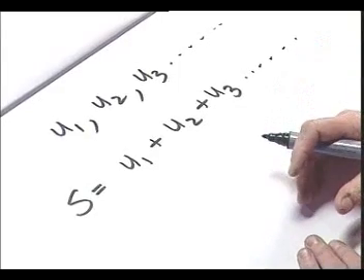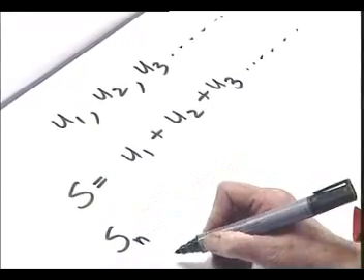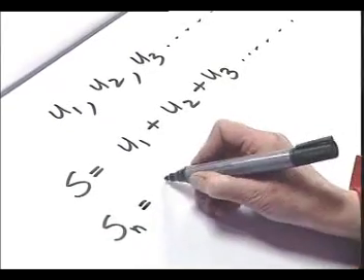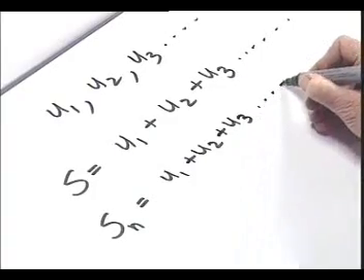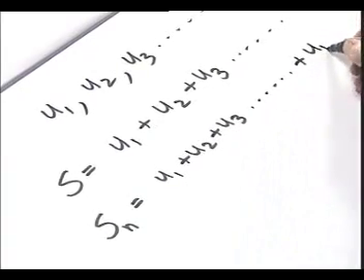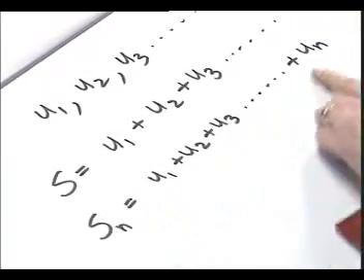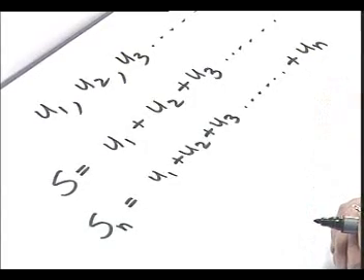Now this sum goes on and on and on. But if we want to sum n terms, then we can write that the sum for n terms equals U1 plus U2 plus U3 up to Un. And those are n terms.